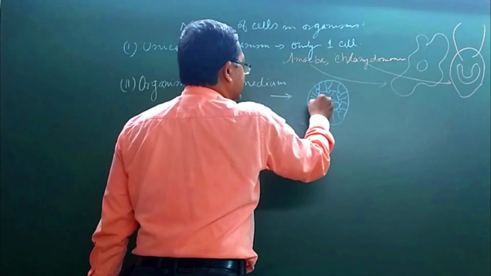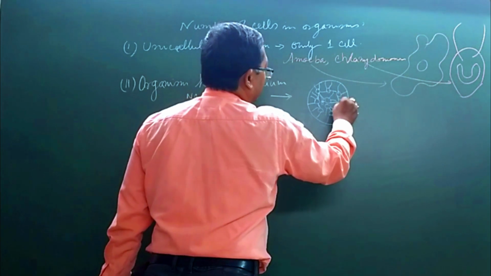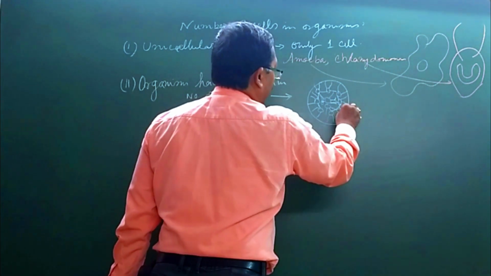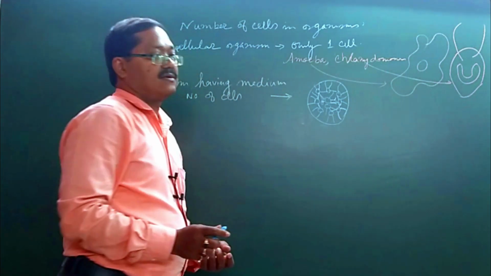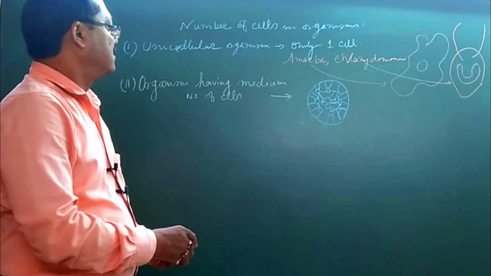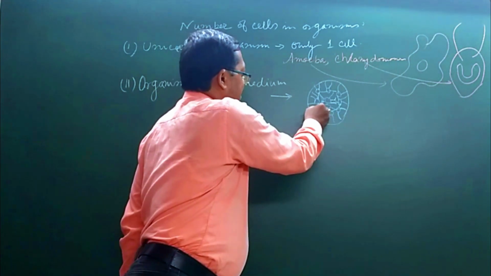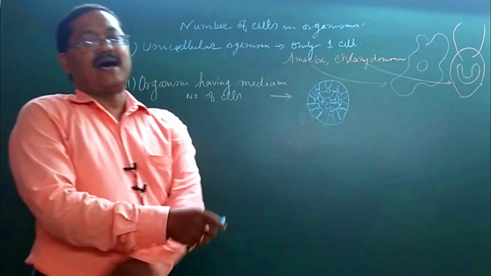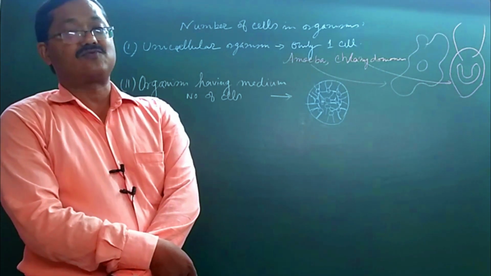The group of cells can move as a group because they have a locomotory organ, flagella. By this flagella, they can move from one place to another.